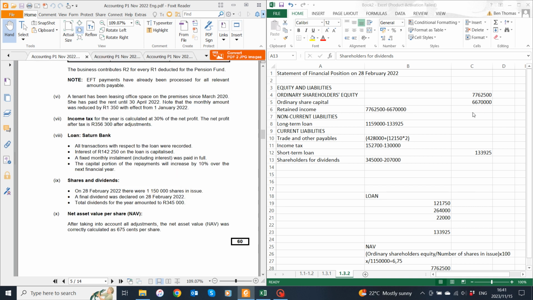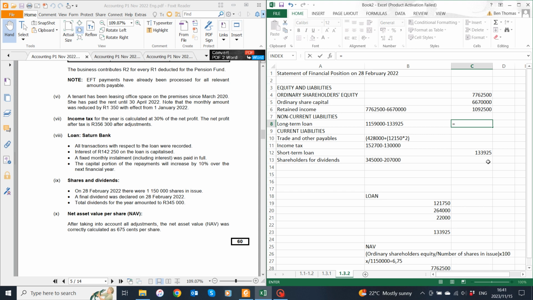Okay, so let's see if we can do these sums here. So we'll just write equals 77,625,000 minus 667,234. And that means retained income is 1,092,500. Okay, then over here, guys, we're going to deal with this sum to get the value of the long-term loan.